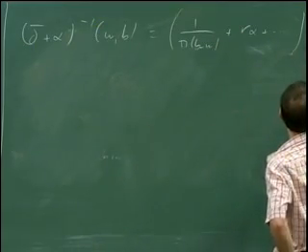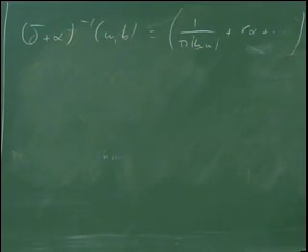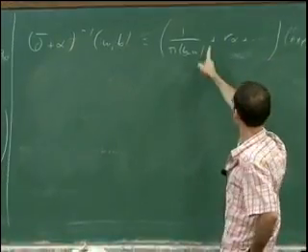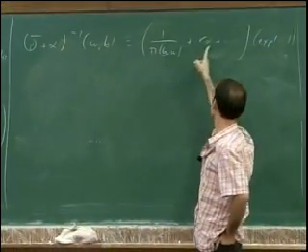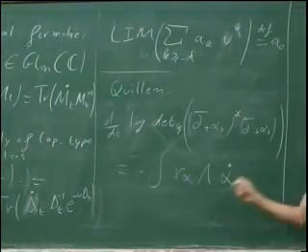And then you got some correction which you can take care of. And now this guy is going to average out, and then you're going to pick out the constant term. And this is the one you need for the variational formula.